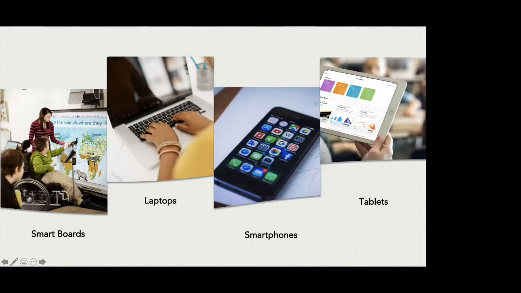So a lot of you have smart boards. Most programs have computers that students have access to of some kind. Most of our students are coming to us with smartphones, with tablets. In some cases, maybe you have tablets at your program.